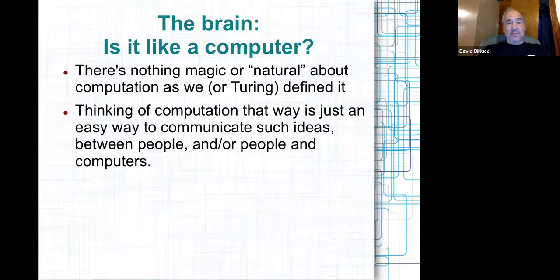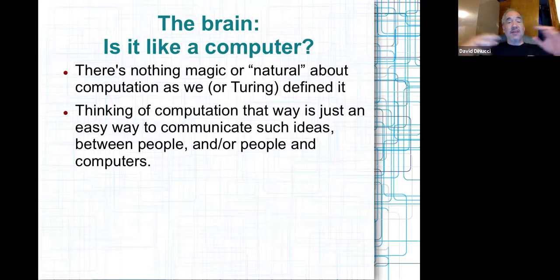So I will just sort of skip forward. Turing came up with this formal concept of computing, and I've already told you the abbreviated forms of that. So is that kind of like what's happening in our brain? And the answer is no, not at all.